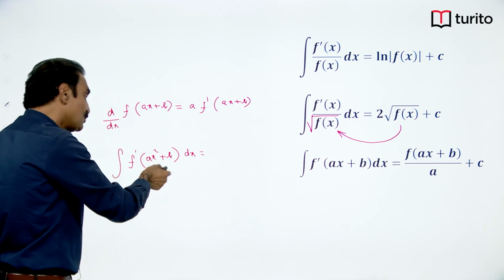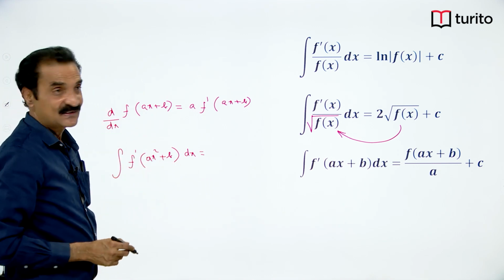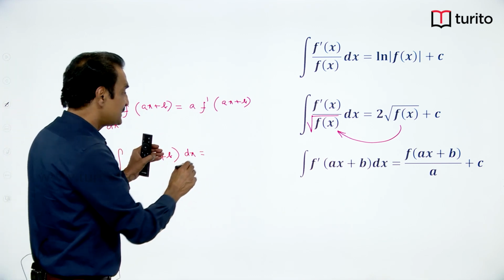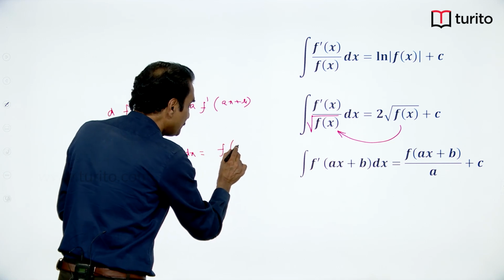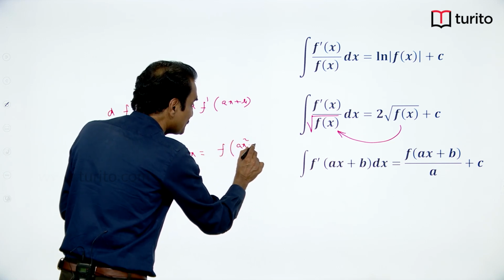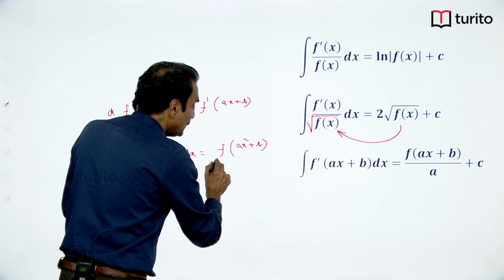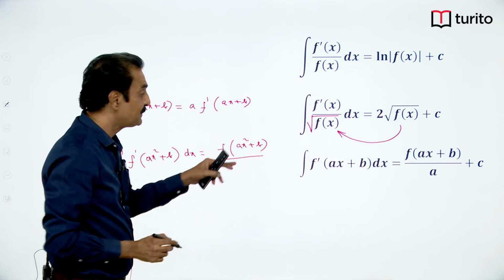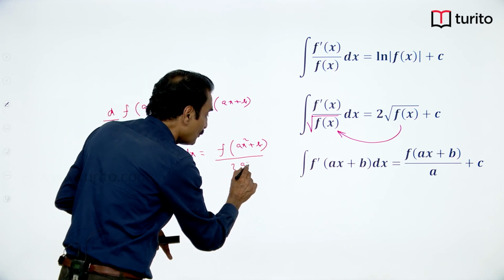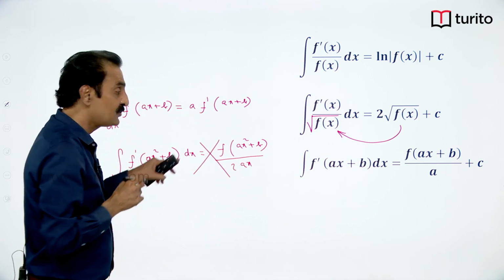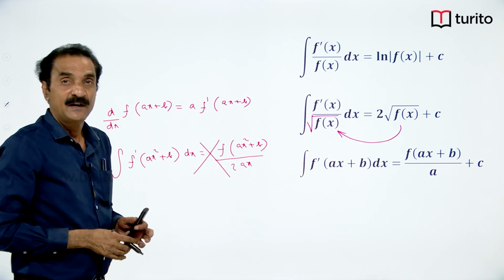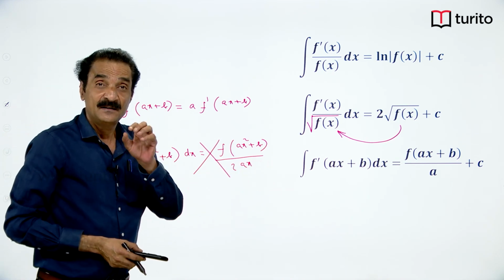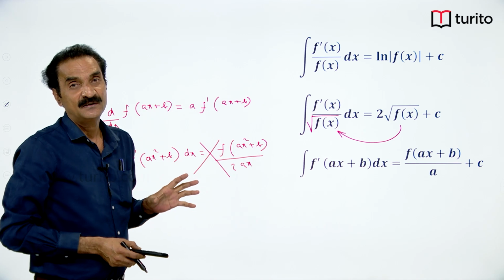Here assuming ax square plus b as x, the integral of f dash x is f of x, f of ax square plus b, then divide by the inner derivative. What is the derivative of ax square plus b? 2ax. This is wrong, you should not do this. We can do this only when the inner derivative is a constant. Okay.